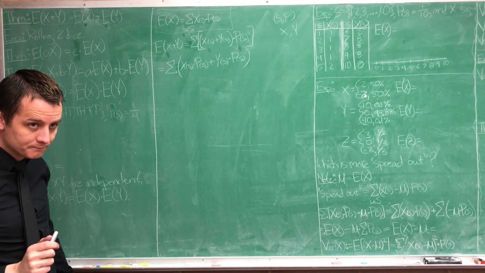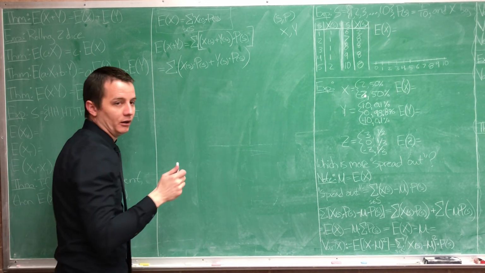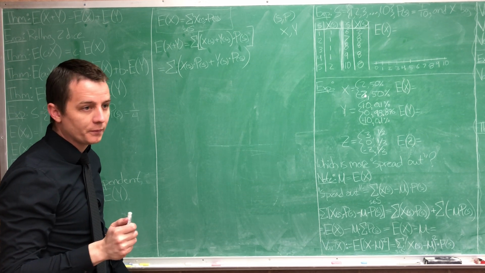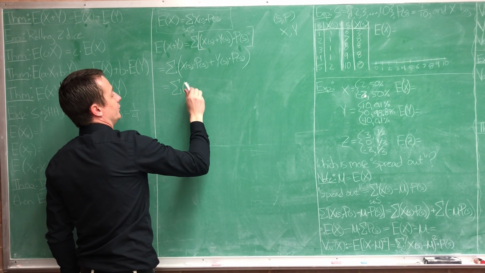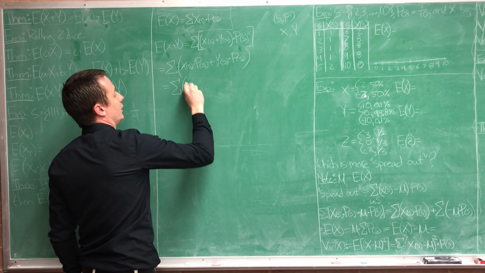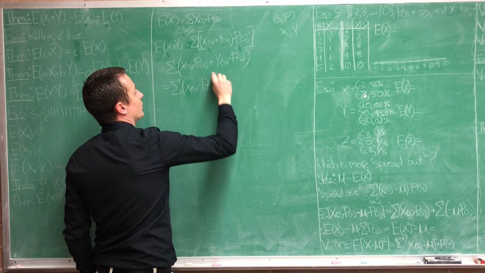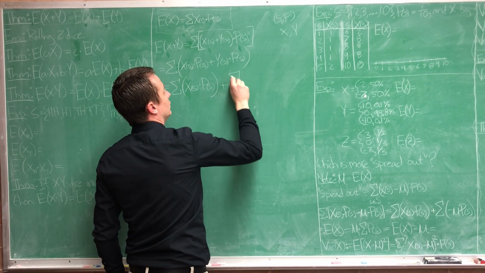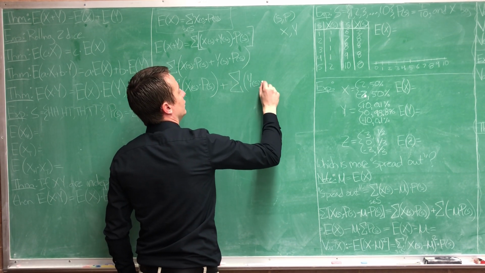You with me? And now I can separate the sum into two separate sums. So this is equal to my sum of all my x of s's times p of s, plus my sum of all my y of s's times p of s.